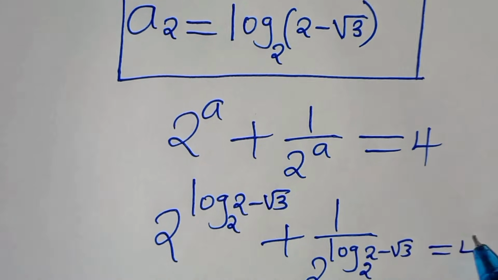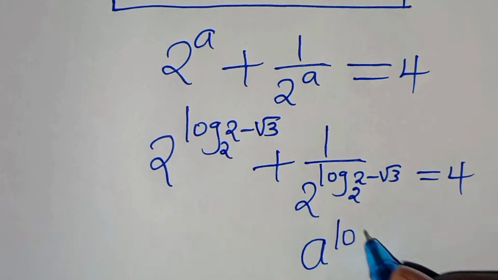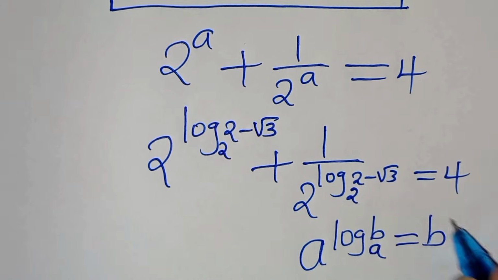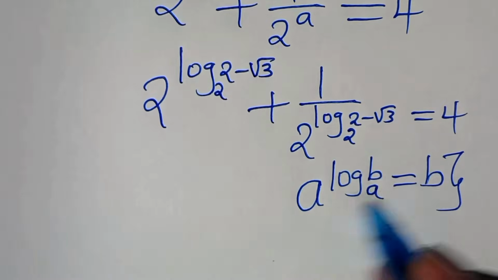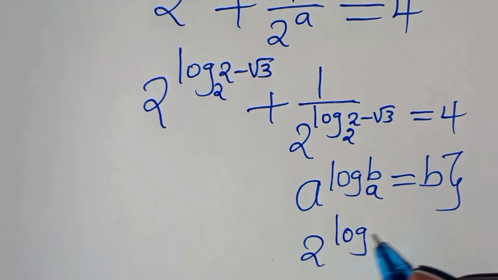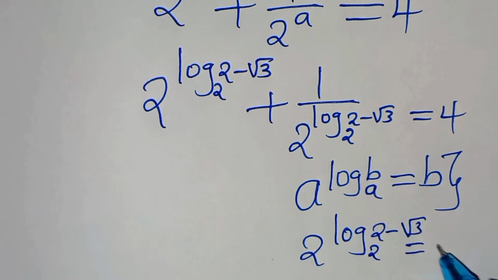This is equal to 4. Now this is in the form of a to the power of log b to the base a. This should give us a value of b. So applying this property, we have 2 to the power of log of 2 minus square root of 3 to base 2. This should give us a value of 2 minus square root of 3.